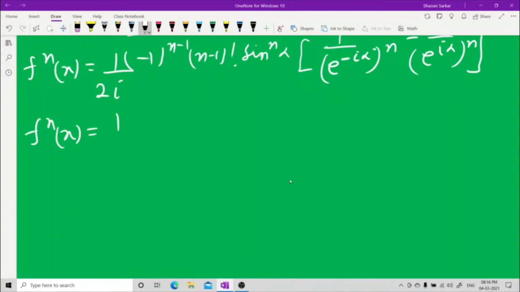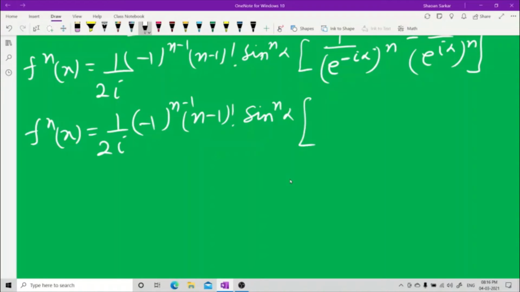f^n(x) is equal to 1 by 2i, (-1)^(n-1) (n-1)! sin^n alpha. Then this will multiply inside, like indices, it will multiply inside. So this will become e^(-i n alpha), and this will be e^(i n alpha).